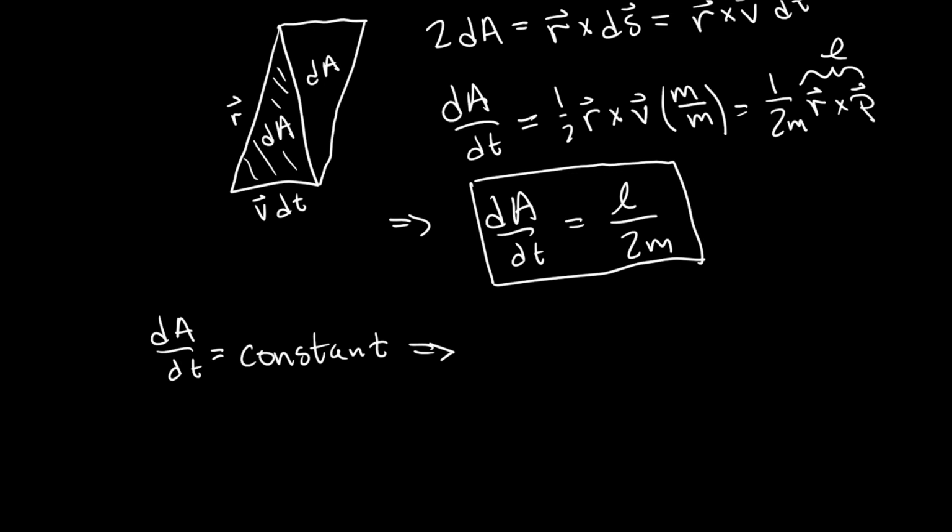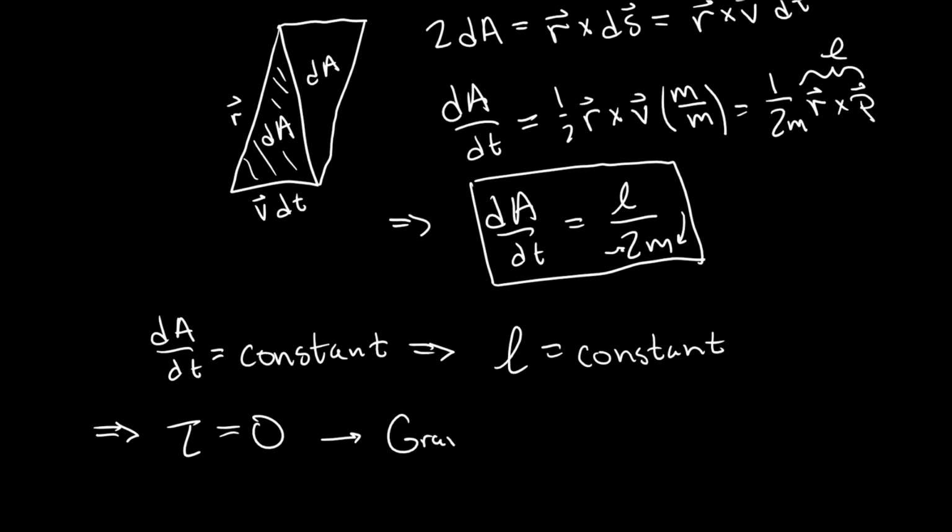Which automatically tells us, obviously 2 is a constant, m is also a constant, that our angular momentum is also constant. In other words, the torque acting on the system has to be 0, which tells us that gravity only acts along our position vector.